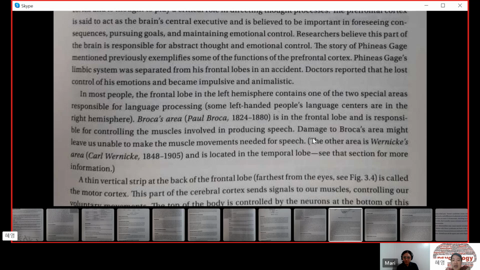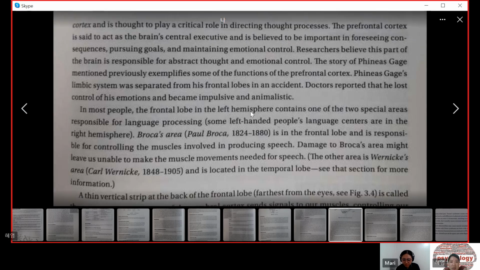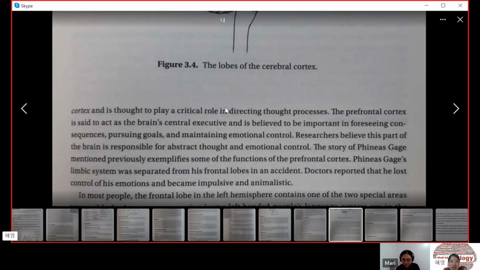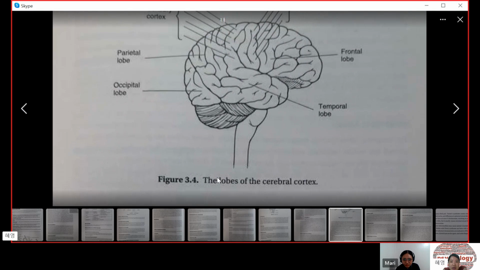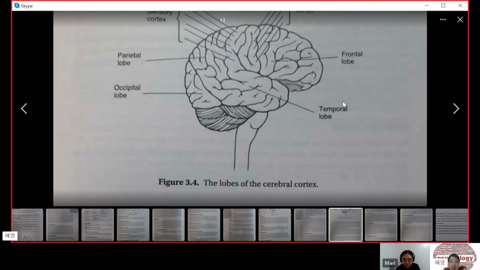The other area is Wernicke's area, which is located in the temporal lobe, behind the frontal lobe. So Wernicke's area is here. The temporal lobe is here, below the frontal lobe.